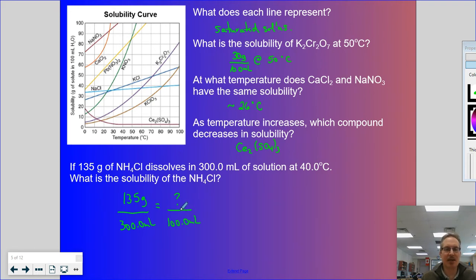So I'm going to take my calculator, 135 times 100 divided by 300, and my solubility, therefore, is going to be 45 grams of ammonium chloride will dissolve in 100 milliliters of solution at 40 degrees Celsius. Reminder, you have to include the temperature because they are asking you for a solubility.